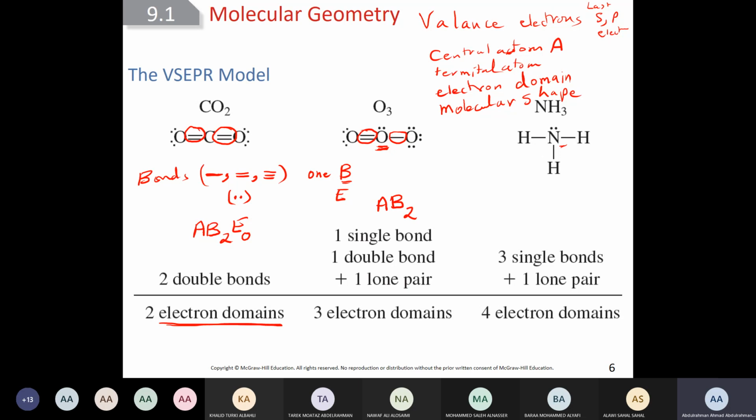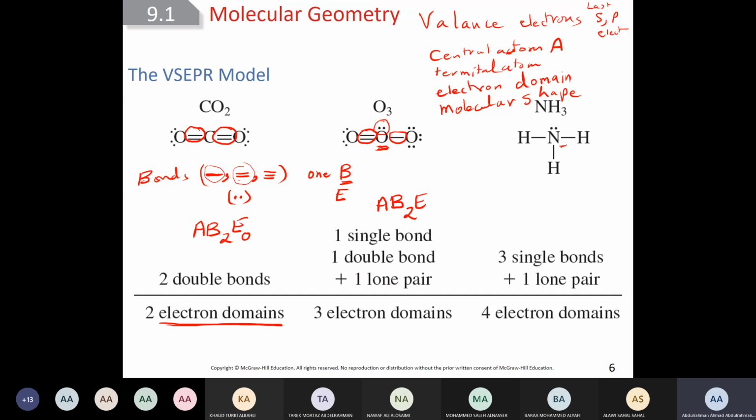A double bond here and a single bond here. Each one is going to be called B. So this is AB2. And then is there any unshared electron pair around the oxygen?